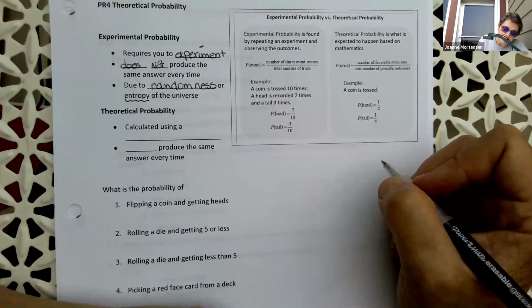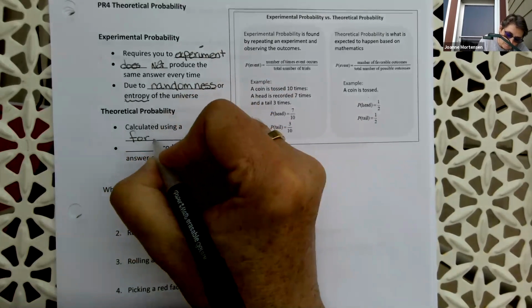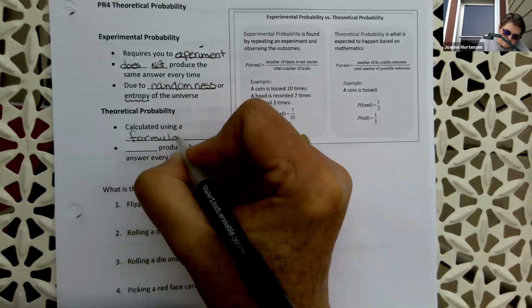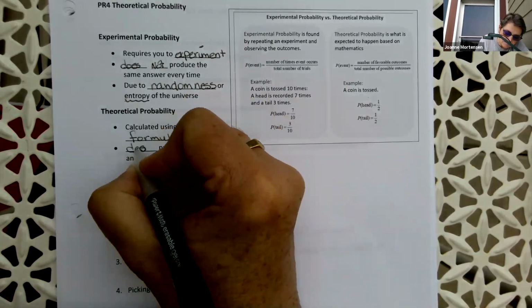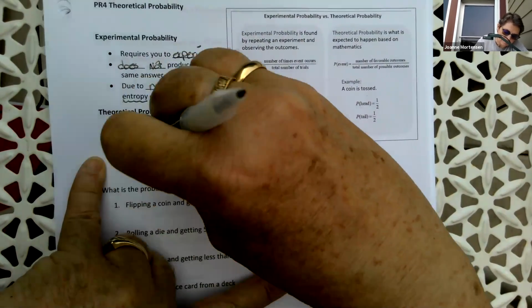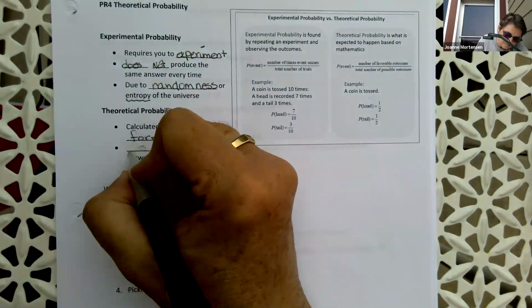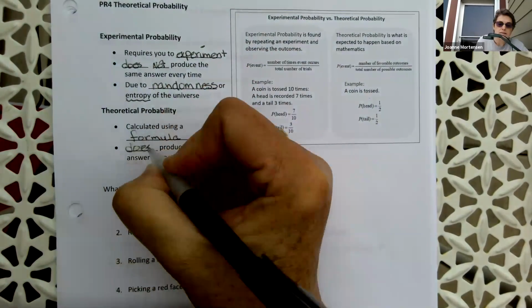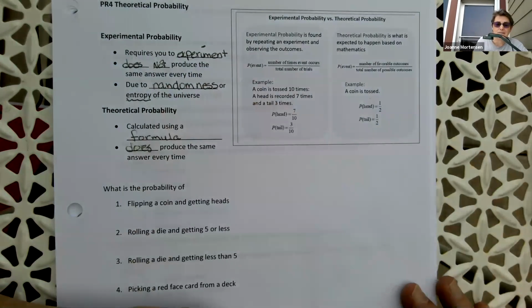Theoretical probability is calculated using a formula. And this is the part that makes me happy. It does produce the same answer every time, which makes it a whole lot easier to deal with.